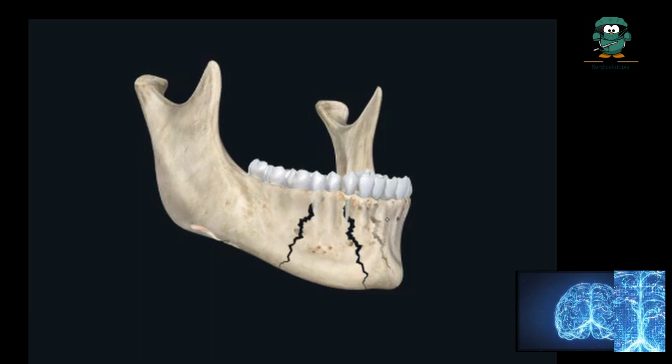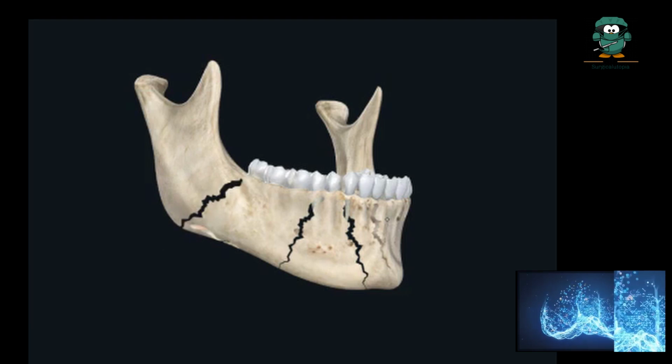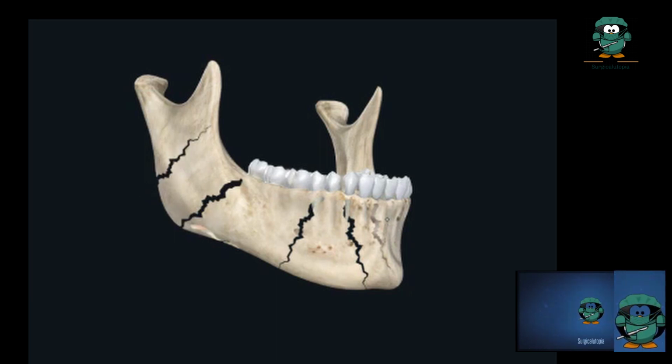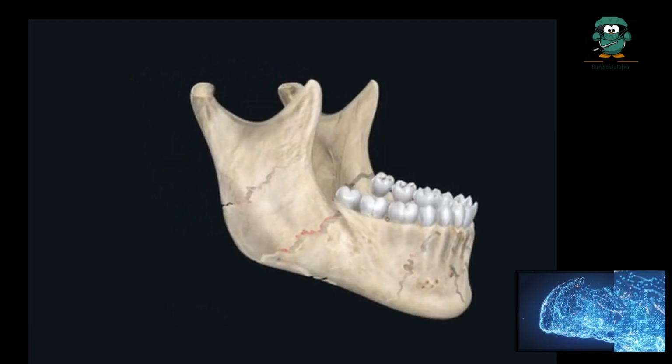L4 is the angle fracture involving the angle of the mandible. L5 is the supraangular fracture, that is involving the ascending ramus. Then L6 is the condyle fracture.